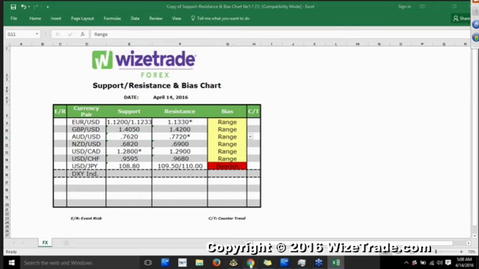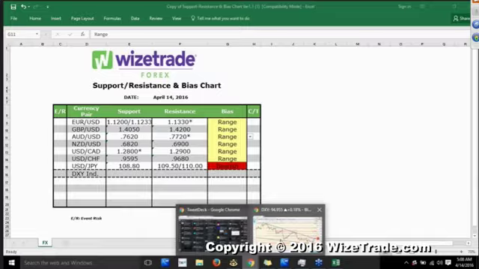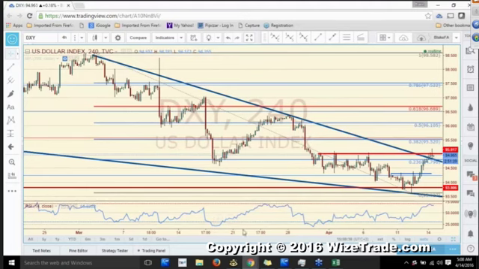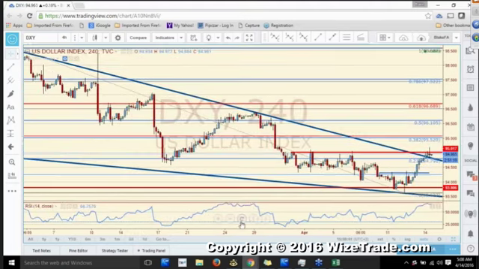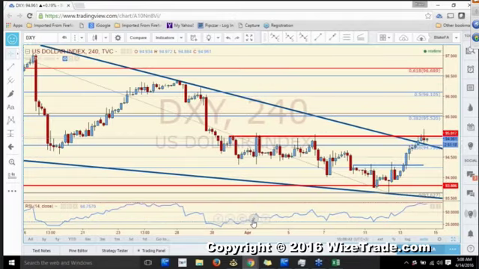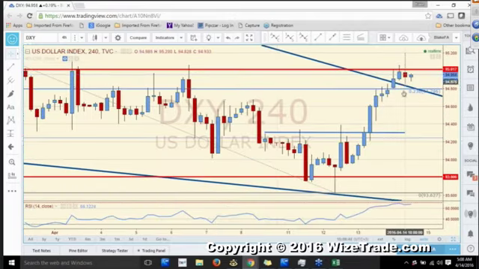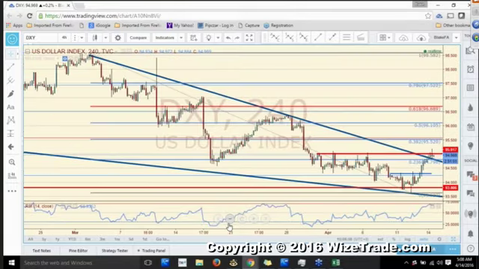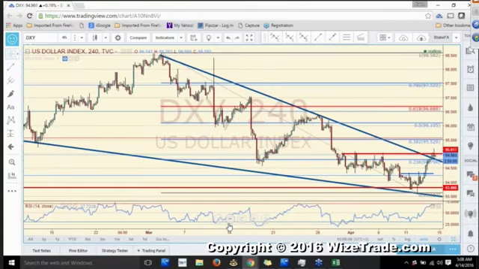Range. Dollar index. So the dollar index has a 4-hour kind of a shooting star type of long wick we left. But what's interesting is we haven't seen any downside follow through yet, and that really builds my argument that this descending wedge is something to be reckoned with.